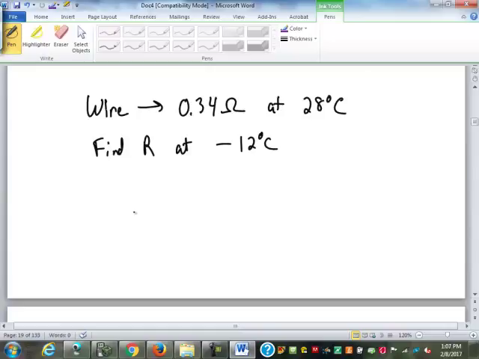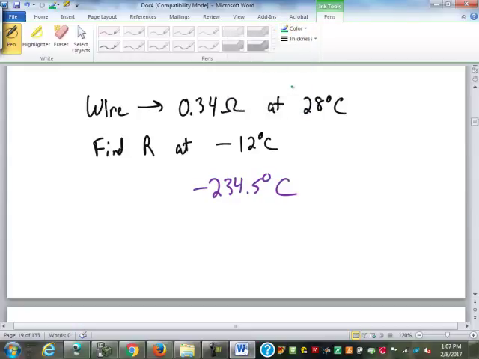If we're dealing with copper, the relationship is that copper has zero resistance at negative 234.5 degrees. Every metal, every conductor has a temperature that if you can cool it down to that temperature, it becomes what we call a superconductor. It has zero resistance. For copper, that is negative 234.5 degrees Celsius.